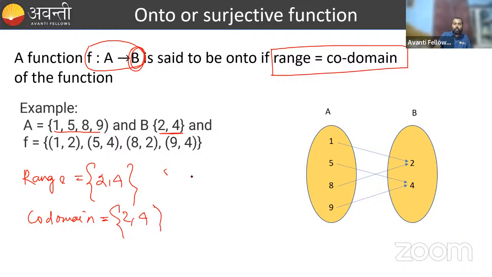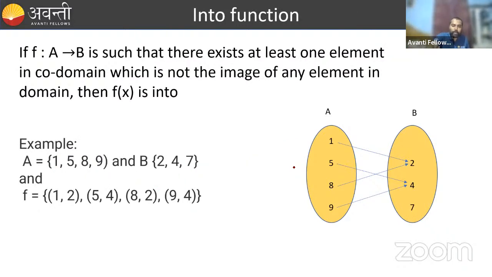So range is equal to codomain. Then we can say this function is onto. If in a function the range is equal to the codomain, then that function is an onto function. Let's discuss more examples.